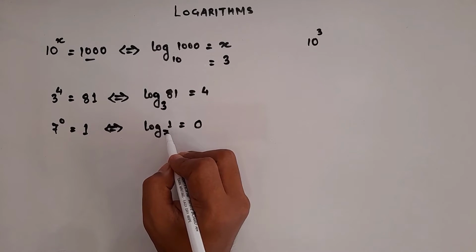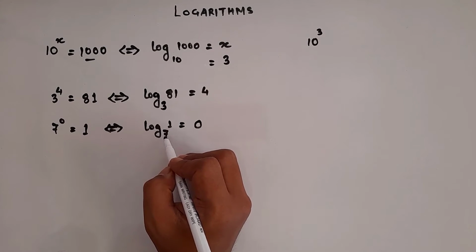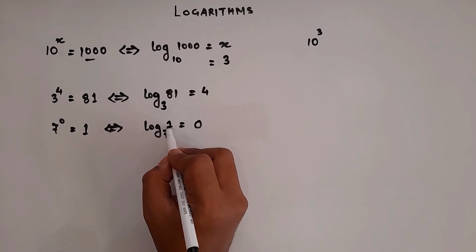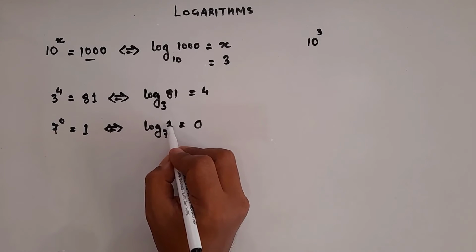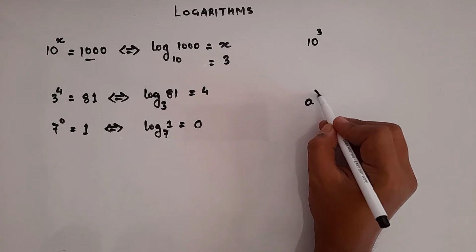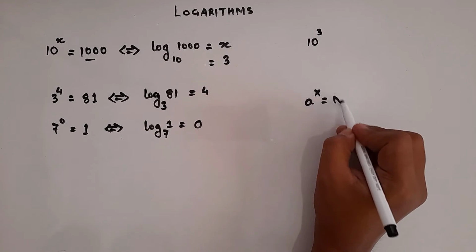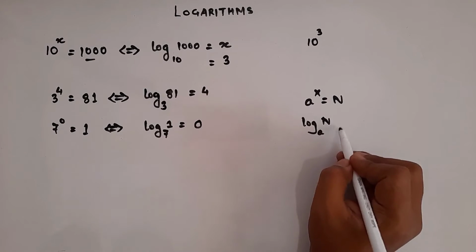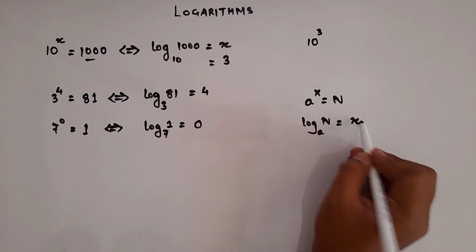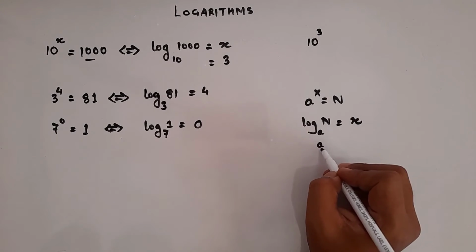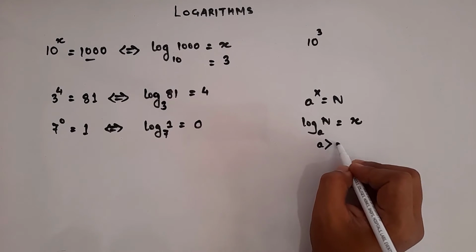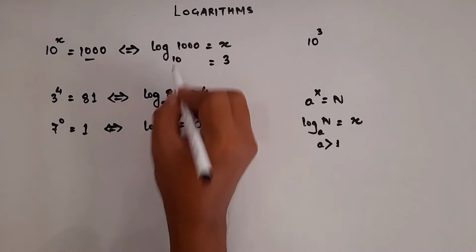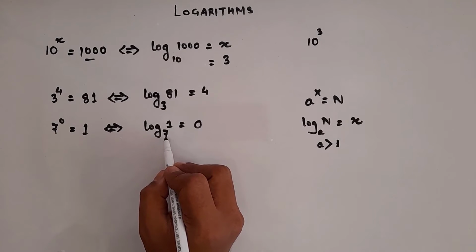Now if you remember the definition, this was a raised to the power of x is equal to n, then we say the logarithm of n to the base of a is equal to x. There we mentioned that the value of a must be greater than 1, so here everywhere it's satisfied, we have 7, 3.